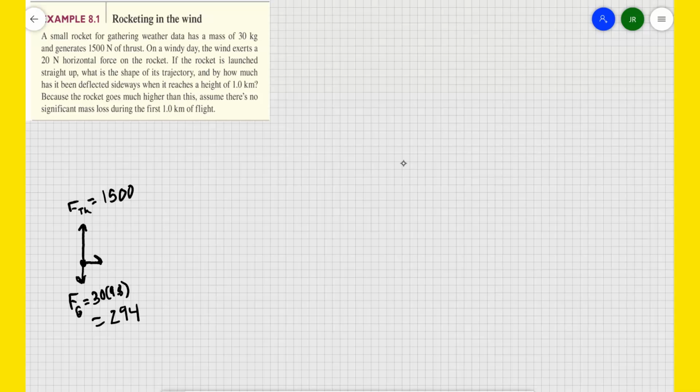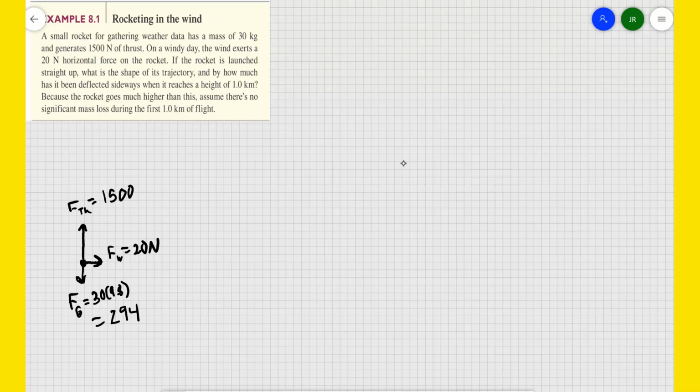We've also got a horizontal force. I could draw that to the right or to the left. I'm going to draw it to the right. A horizontal wind force of 20 newtons. So when that's the case, we're going to have an overall net force. Which direction is it going to go? Well, the thrust is bigger than gravity, so it's overall net up, but you also got this force to the right.